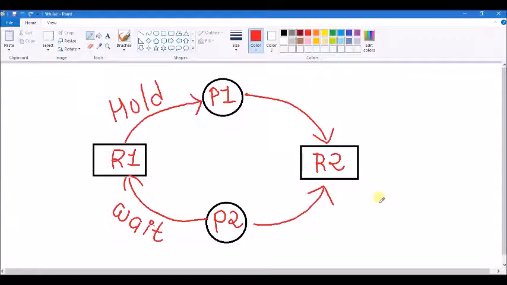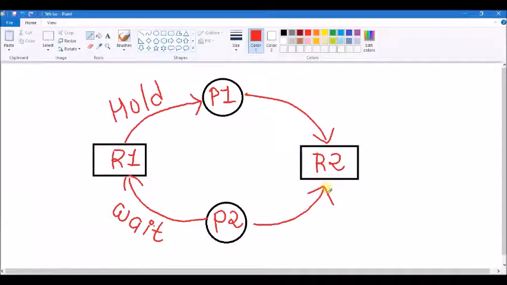So this is our system, and to avoid deadlock, we have applied a deadlock avoidance technique, Banker's algorithm. Now, what is the basic idea of a deadlock avoidance technique? If any process wants to access a particular resource, it simply sends a request.